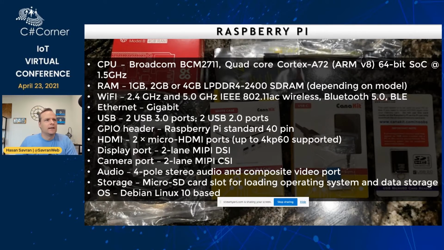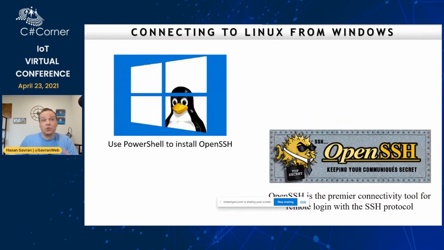I was looking for that, and I actually didn't even know that, I learned it when I was trying to install everything, but Windows comes with OpenSSH. To install it, first you have to open PowerShell and add this capability to Windows. Then you don't need another third-party tool to connect to a Raspberry Pi or any Linux device.